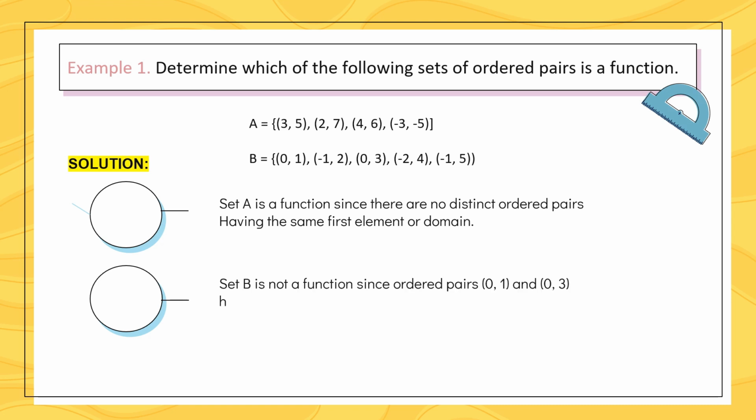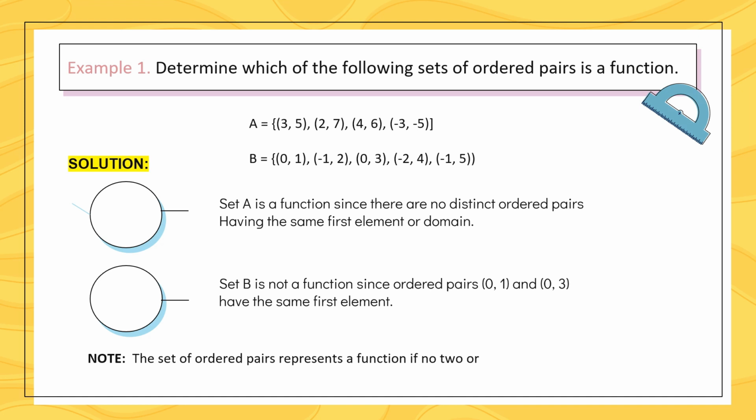Set A is a function since there are no distinct ordered pairs having the same first elements or domain. Set B is not a function since the ordered pairs (0, 1) and (0, 3) have the same first element. Note, a set of ordered pairs represents a function if no two or more distinct ordered pairs have the same first element or domain.